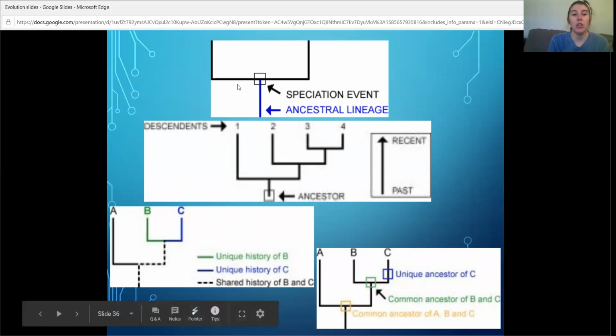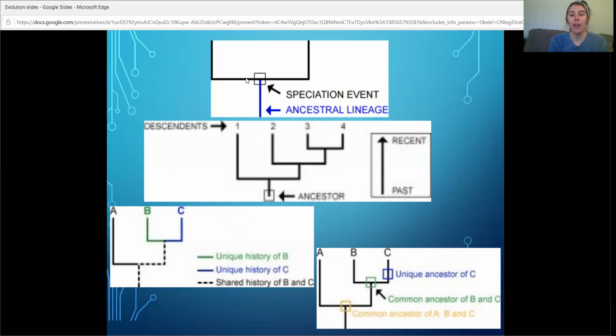Where the two lines meet each other, that line going down is going to be the ancestor. The part where they branch away from each other is going to be that speciation event. We remember from the previous lecture that speciation is when an organism turns into two different species, right?